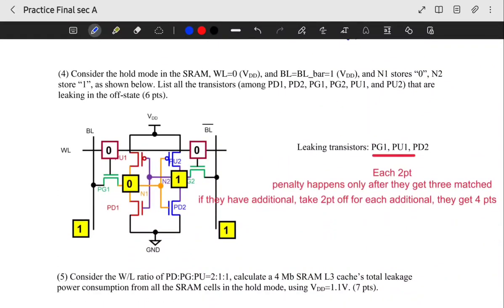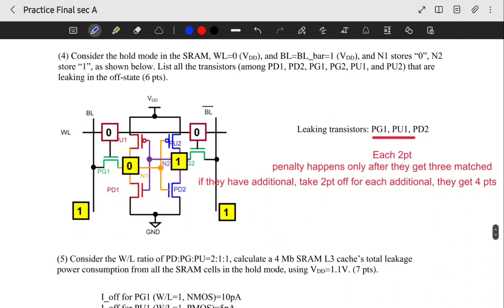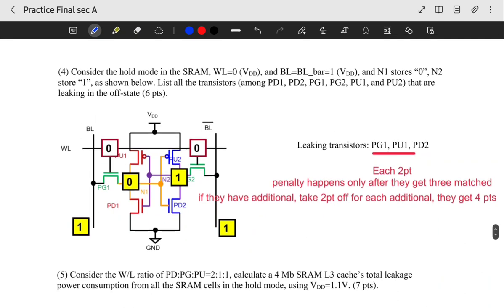Question 4 is asking for leaking transistors. Although we are in the hold mode, the SRAM is still suffering from leakage current. So we need to figure out which transistors are leaking. The way you can do it is you can analyze the imbalance between source and drain.